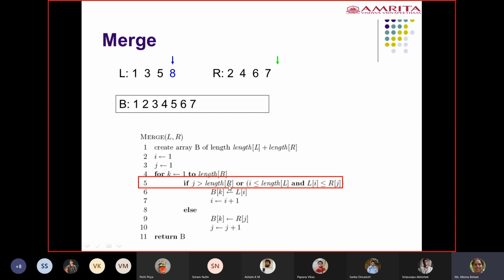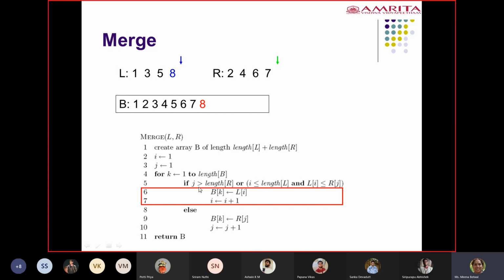Again it goes here, right? Is i less than or equal to length of L and L[i] less than R[j]? It doesn't satisfy, but it goes to this part, and the 8 is copied here. After 8 has been copied, what are the indexes? i has become 5, and j has also become 5.